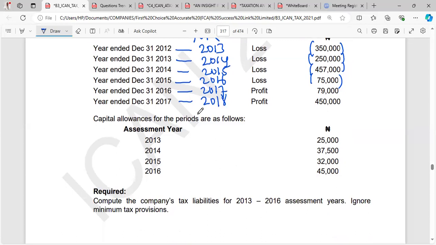And the capital allowance corresponds to 2014 to 16. For 2017 and 2018, we have no capital allowance. So I can come here and say 2017, 2018, let me put 0, 0.